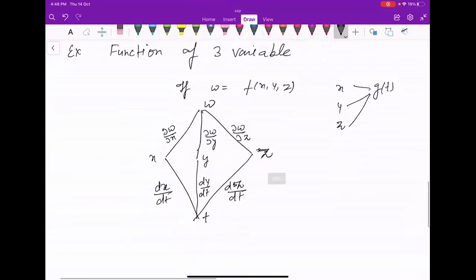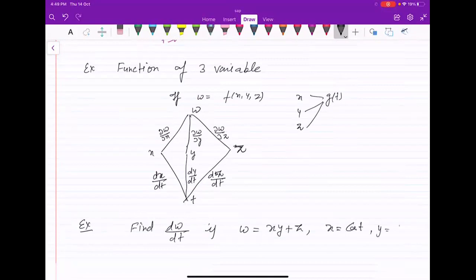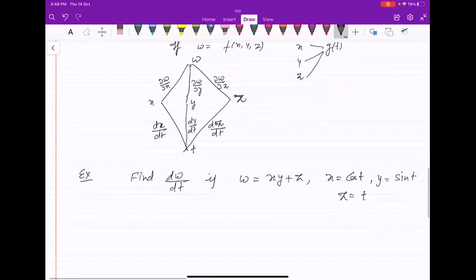So for example, find dw by dt if w equal to xy plus z, and x equal to cos t, y equal to sin t, and z equal to t. This question you can try by yourself.